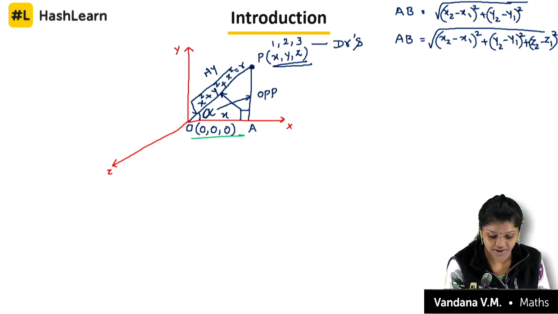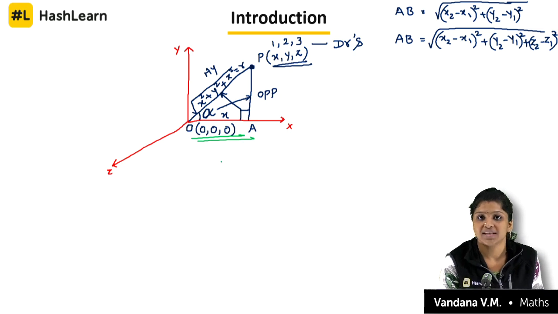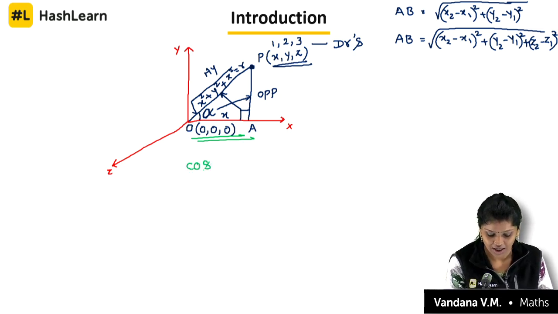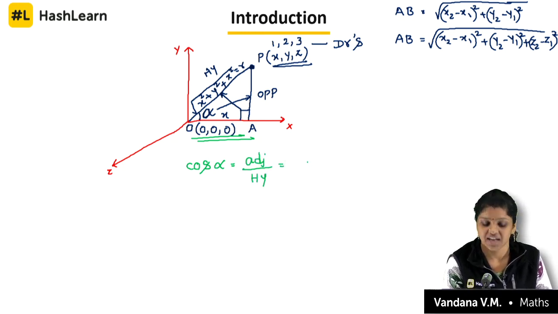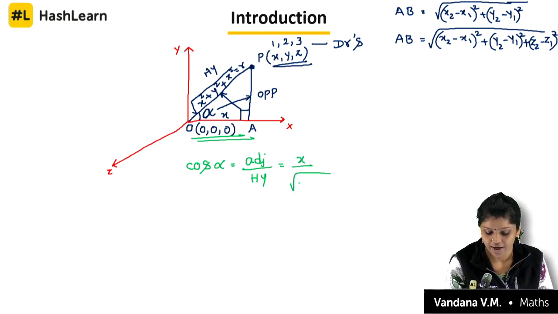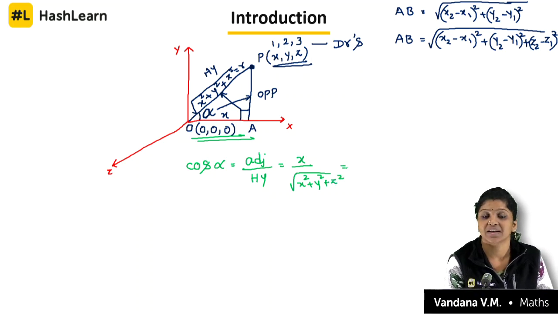Adjacent side I know, hypotenuse I know. So easily I can find the cos values. Cos alpha is adjacent side by hypotenuse. The adjacent side is x, and the hypotenuse is square root of x square plus y square plus z square, that is nothing but x by r.